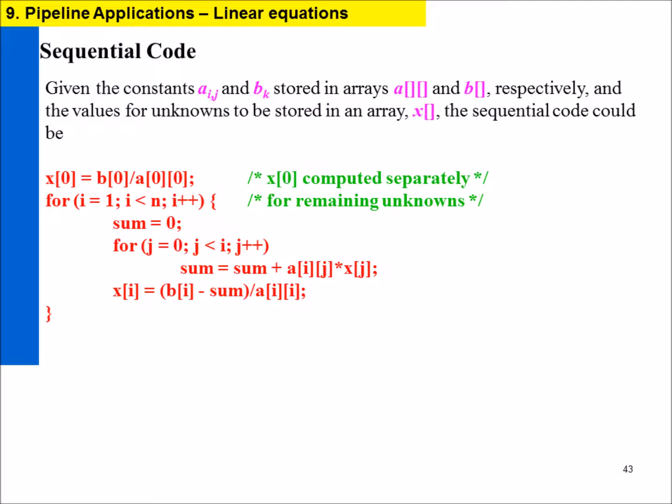Then for i to n, this is for the remaining unknowns, we get the sum and then we loop and calculate the sum for the aij times xj, and then xi is bi minus the sum, divided by aii.